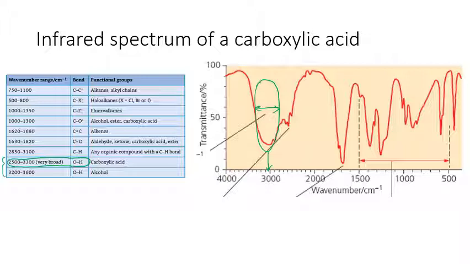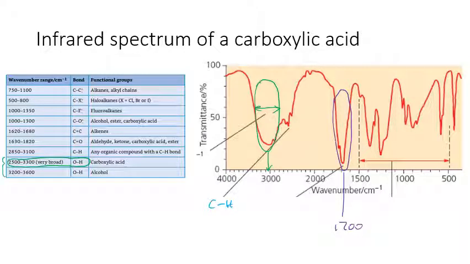Just for completeness, we'll do our carbon-hydrogen bond again, but that's less important. The other important part of this spectrum is this nice, sharp, distinguishable peak here. Right, so the wave number is about 1700.